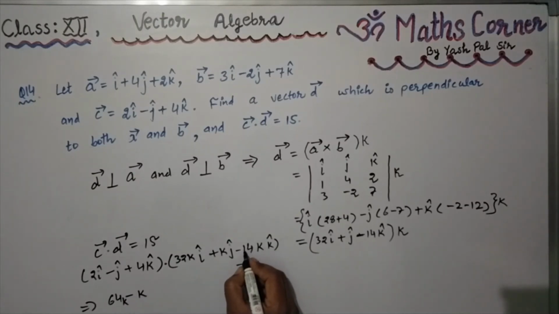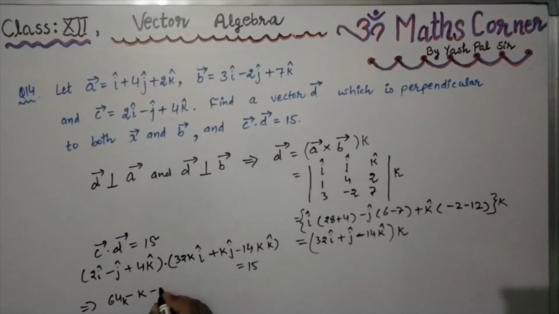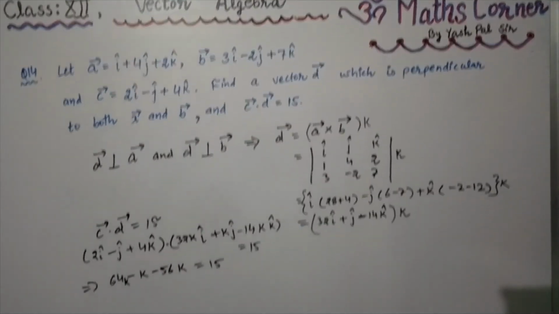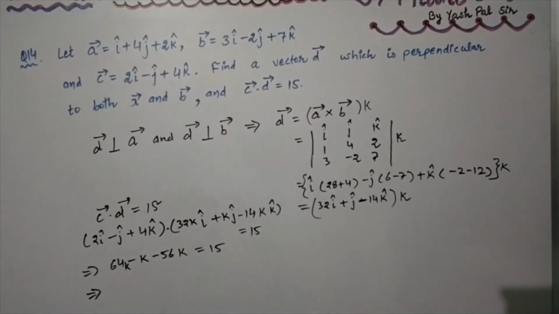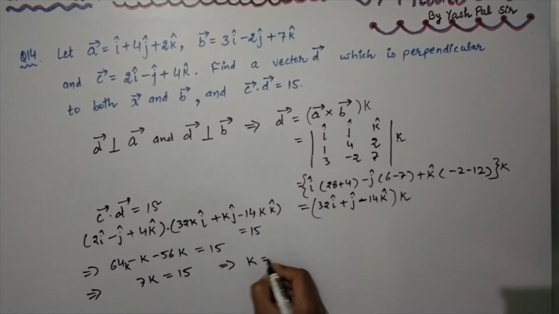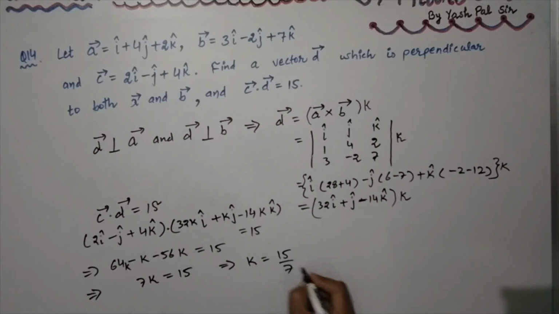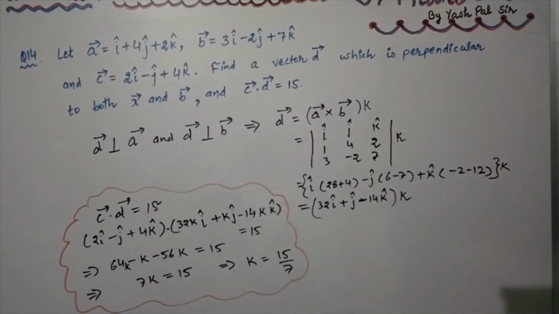So this implies 32 into 2, 64k, minus k, minus 14 into 4, minus 56k is equal to 15. So from here, we can say 7k is equal to 15.